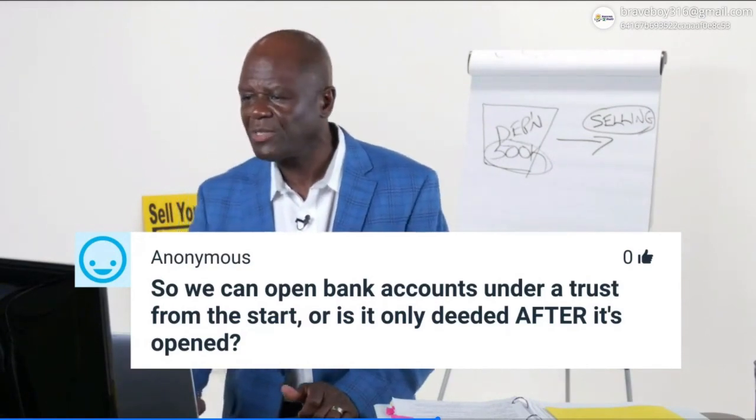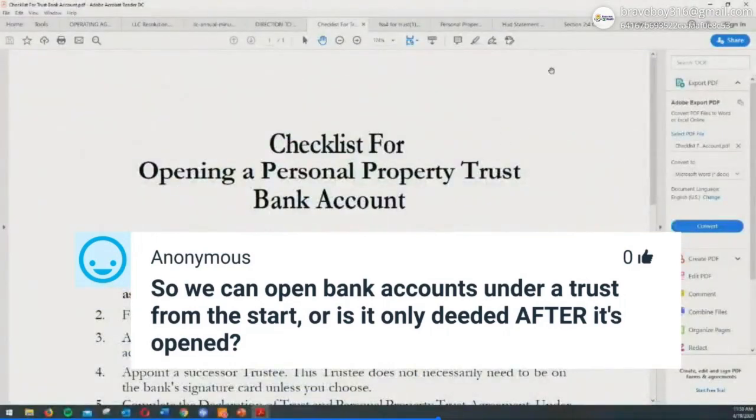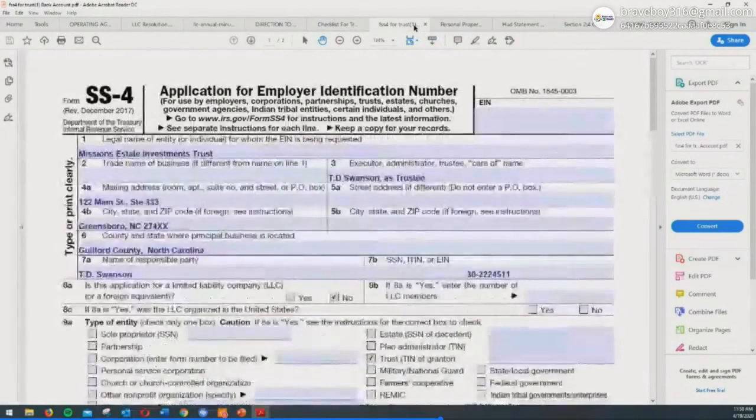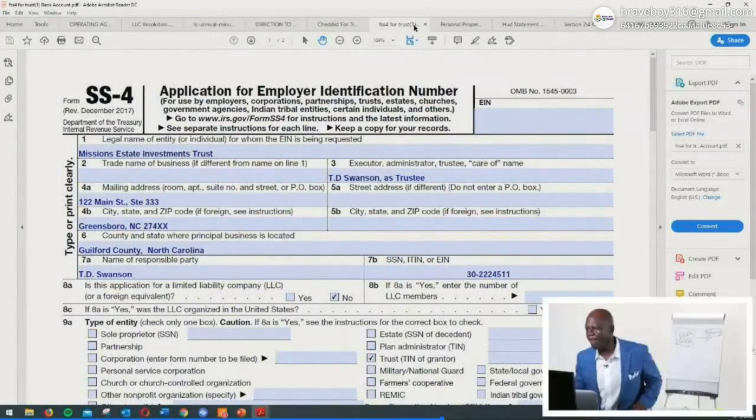This morning we sent you some documents. You should have received those via email.